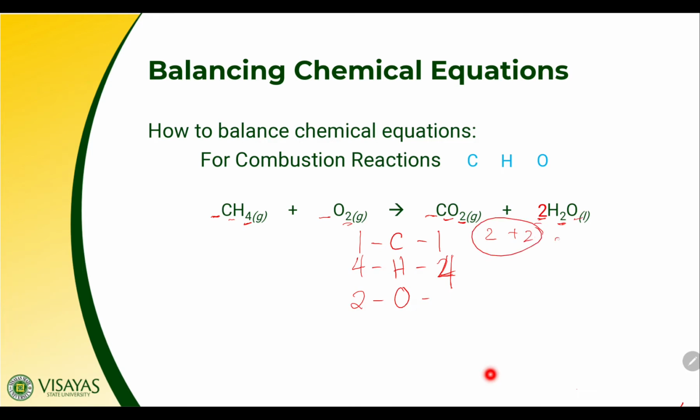So 2 plus 2 is 4. So to balance the number of oxygen atoms, we have to add the coefficient 2 for oxygen in the reactant side. You have 2 times 2, we now have 4. Okay? So now we have the balanced chemical equation.